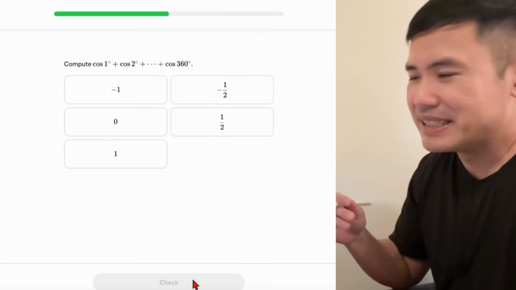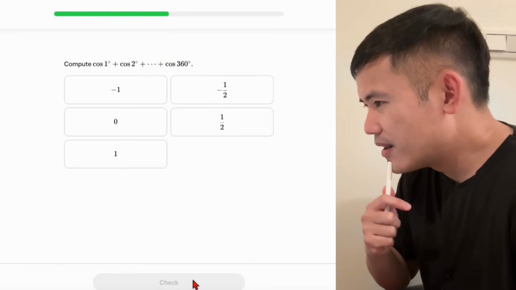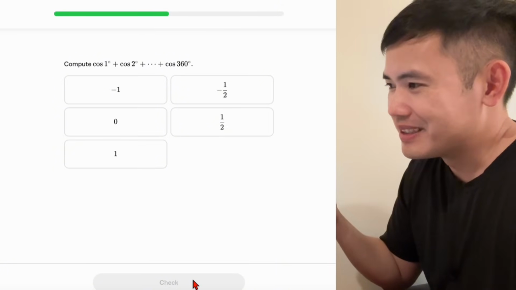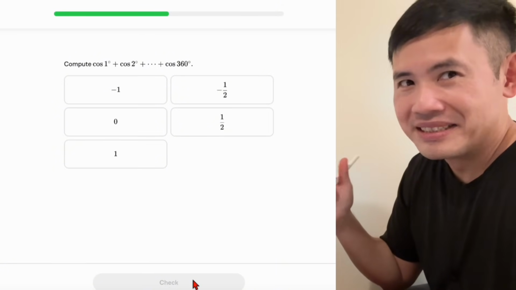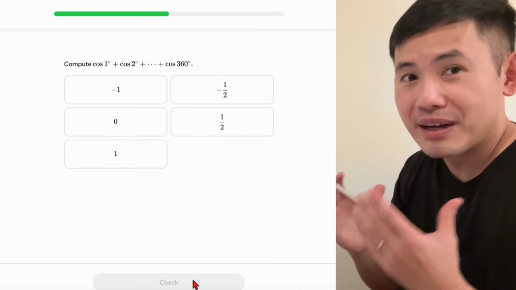Of course, we have to use some identities. Oh, I see the answer. It's not because I knew the answer. I see it. It's actually one of the things that we have gone through earlier.